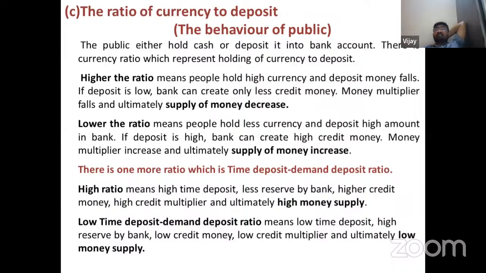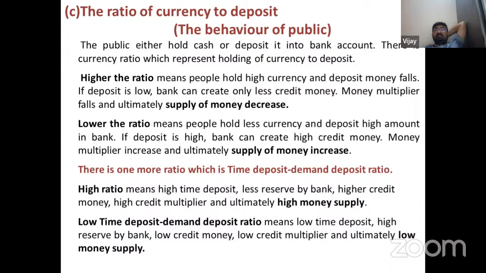But when people hold more currency notes, then the supply of money decreases. Higher the currency ratio, less will be the money supply. Lower the currency ratio, low holding of currency notes, we deposit in the bank, then supply of money increases.